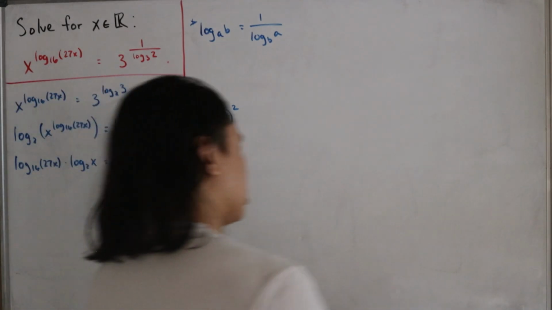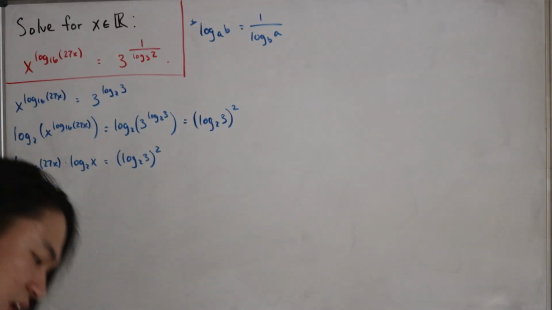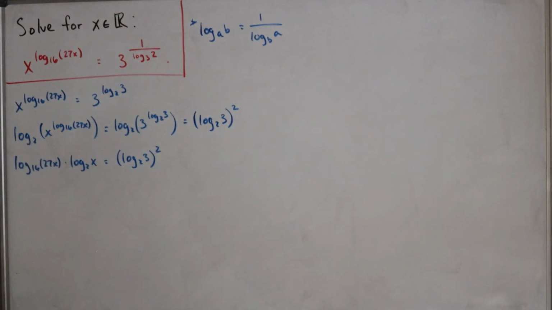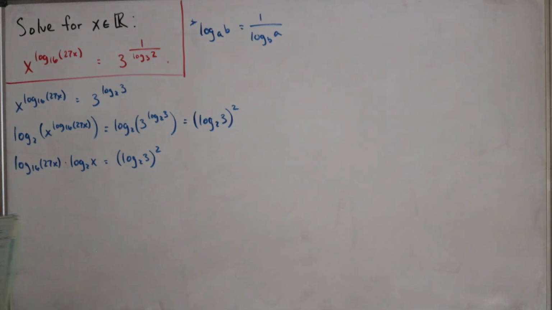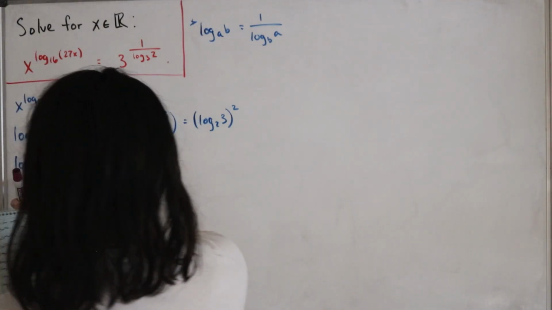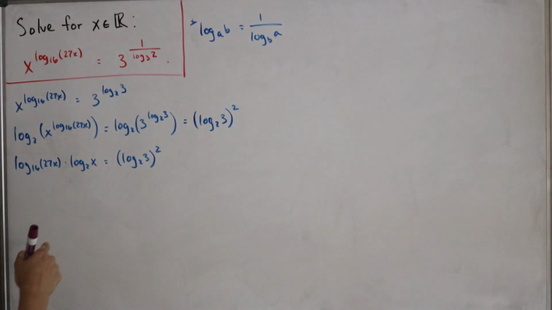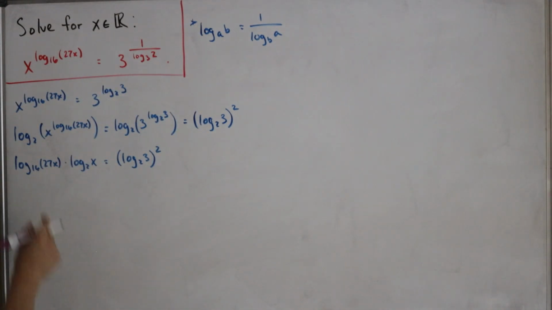Here's another thing we're going to do. We're going to pay attention specifically to our log base 16 of 27x. There is a nice rule such that we can write this in terms of a division based on changing the base. What we can do is change this into base 2. That's our goal. 27x is going to be the input, 16 is the old base, but our new base is going to be 2.